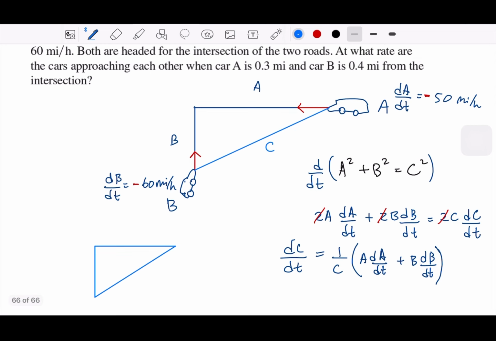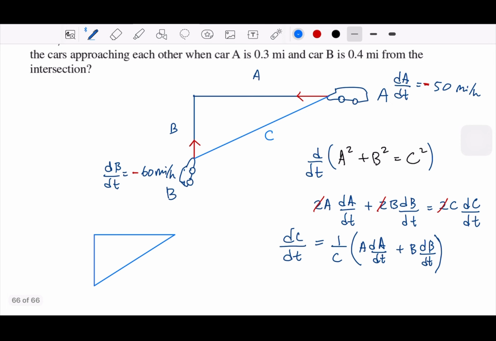It says that car A is 0.3 miles, and this is 0.4, so the hypotenuse will be 0.5, right? Because of the Pythagorean theorem.